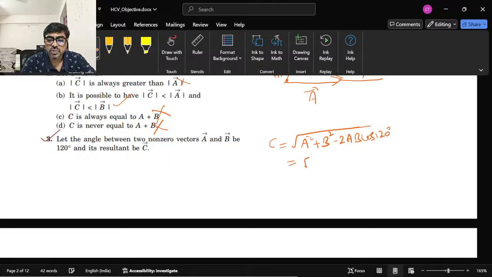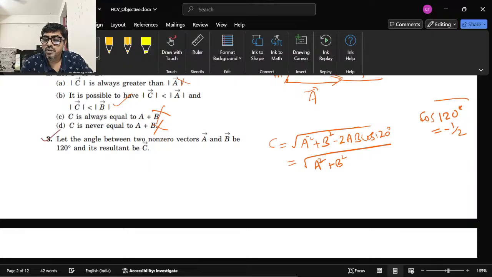That is equal to square root of A squared plus B squared plus 2AB cos 120. Cos 120 is how much? Cos 120 is minus sin 30, that is minus 1 by 2.